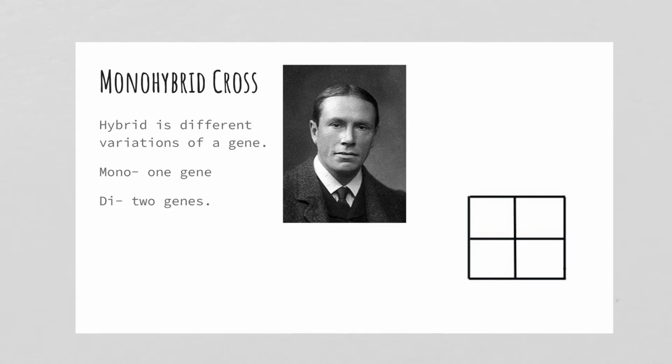So when we do that great monohybrid cross, we line up the different alleles, and then we combine them to see what is the probability of the various progeny that you can get. Now, a good thing to also note is that this is the probability with each individual offspring. It is the same probability for each offspring.